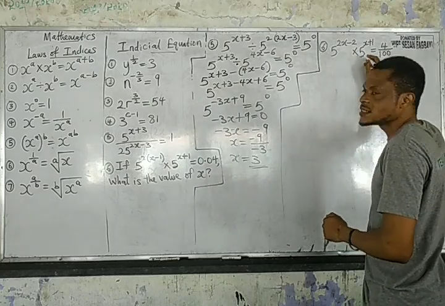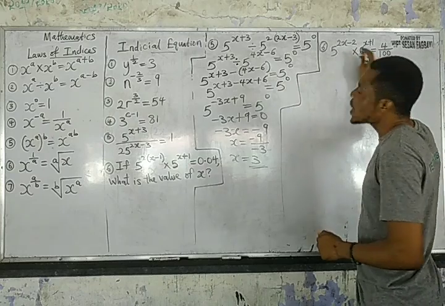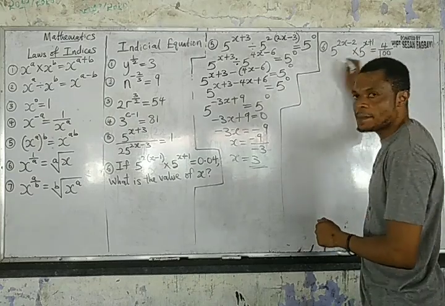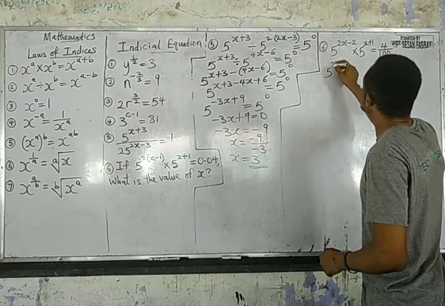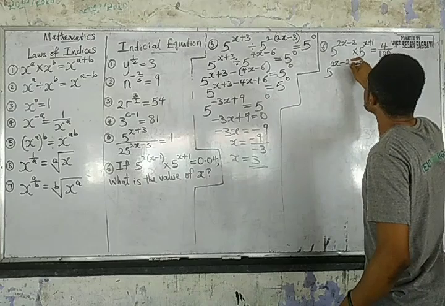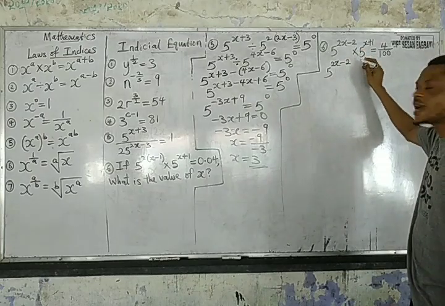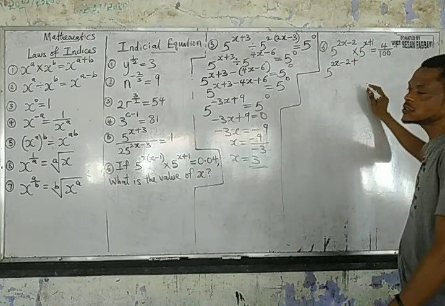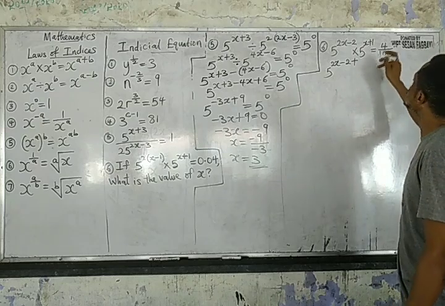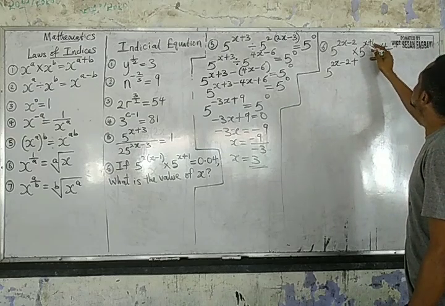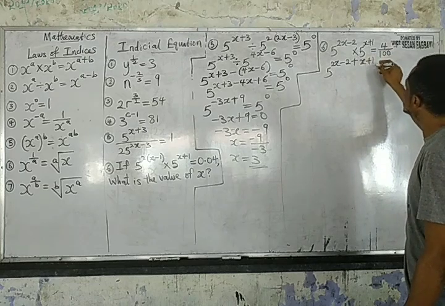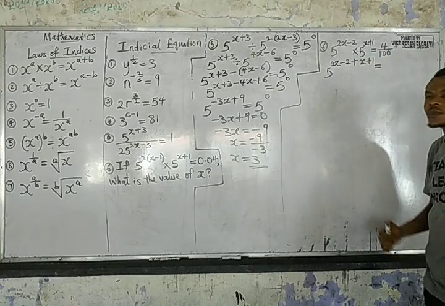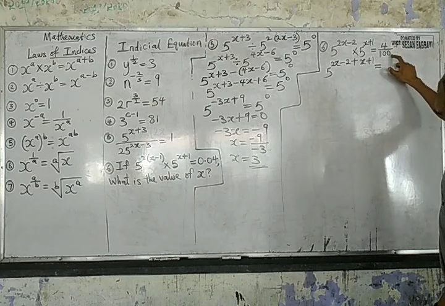We pick our 5 as the similar base. We now have 5 raised to 2x minus 2. The multiplication sign becomes addition to give us x plus 1 equal to 4 over 100.